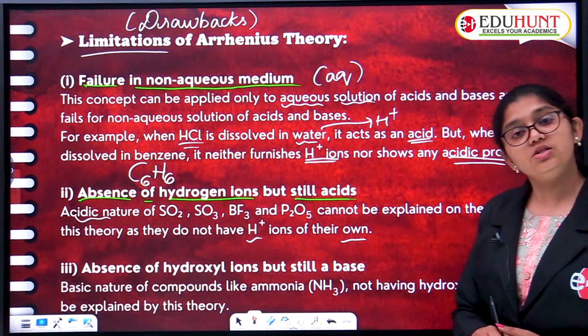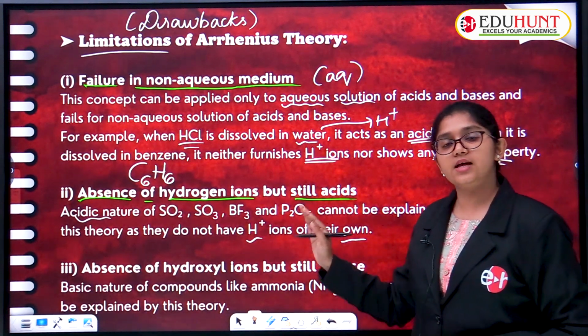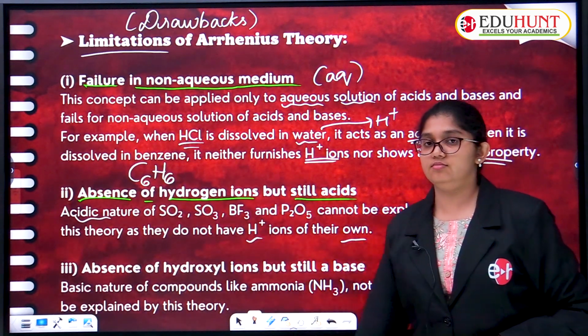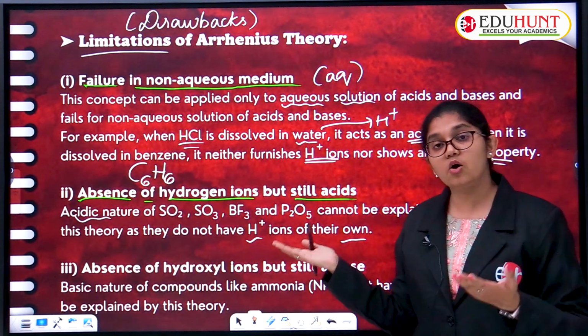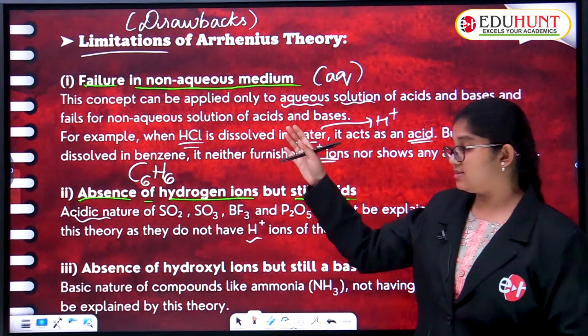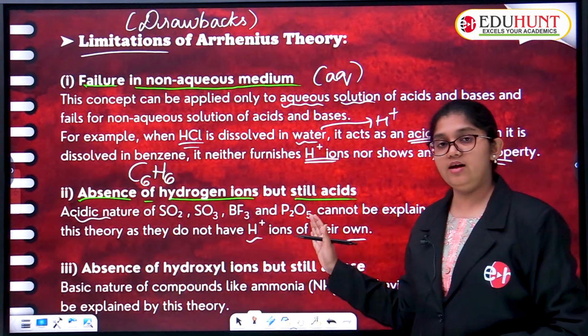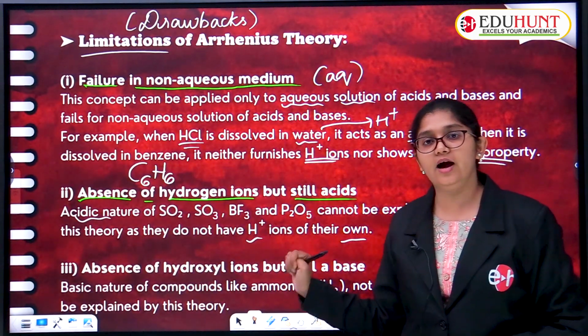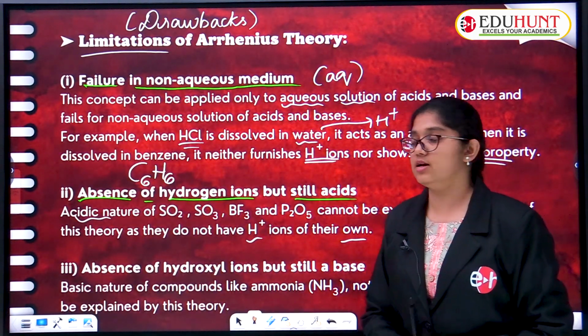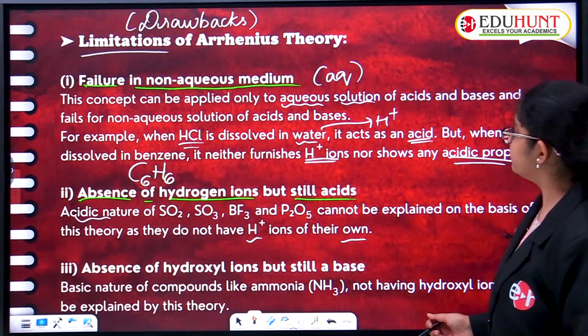So how would they be regarded as acids according to Arrhenius theory? They are not. The theory fails to explain the behavior of these four acids regarding the hydrogen atom and liberation of H plus ions.